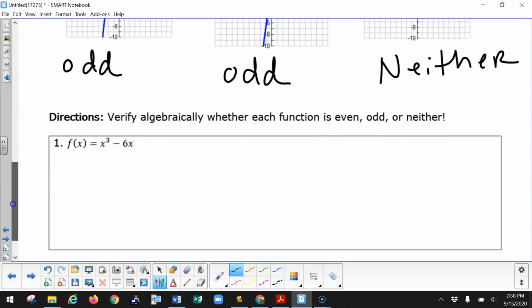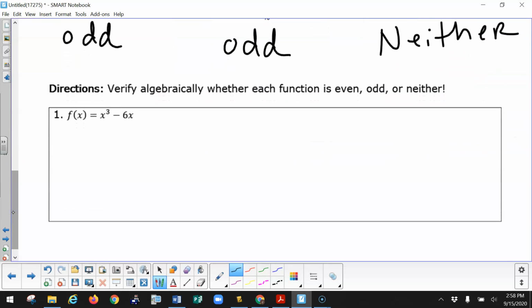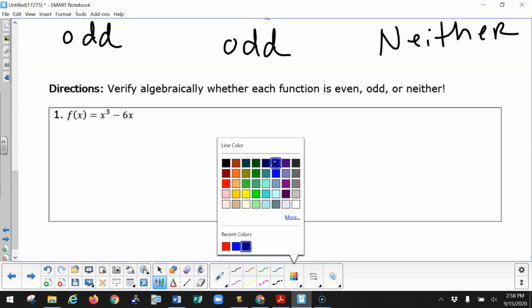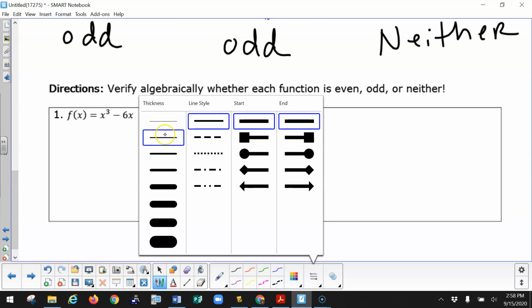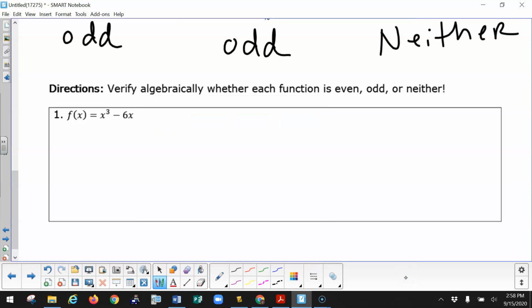Then determining algebraically, this is your algebraic test for symmetry. What you're going to do is plug in a negative x for x, and then simplify and examine your result. So my function notation, f of negative x, I'm putting in a negative x for all my x's. Use your parentheses. Then you're going to simplify that.